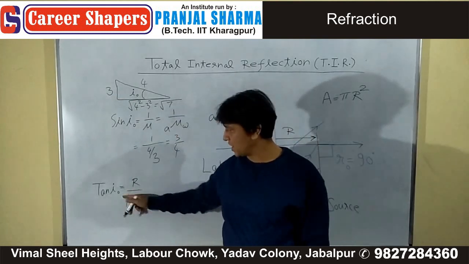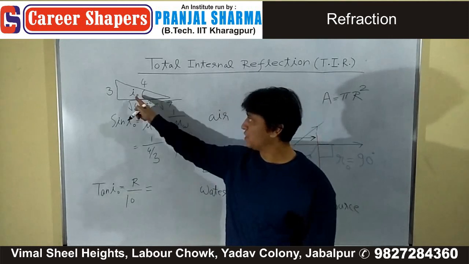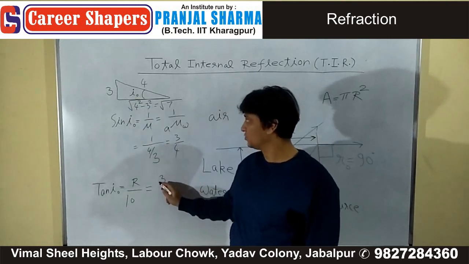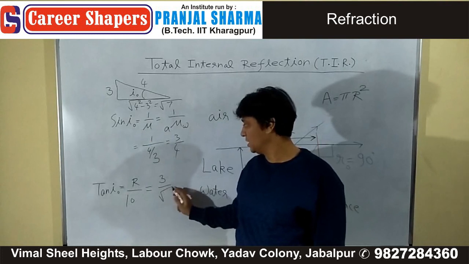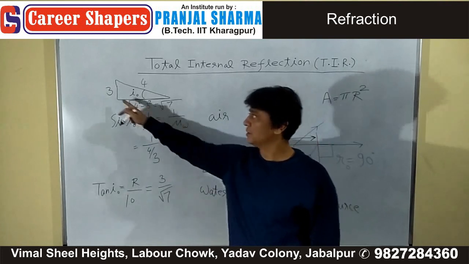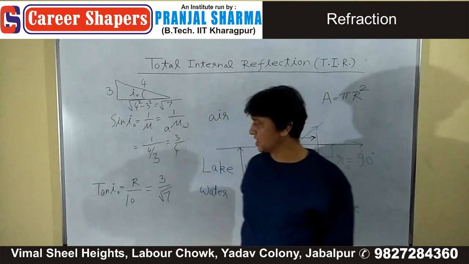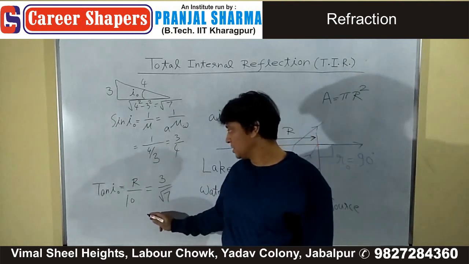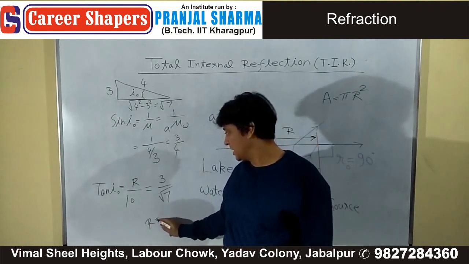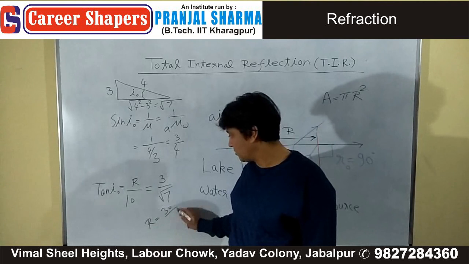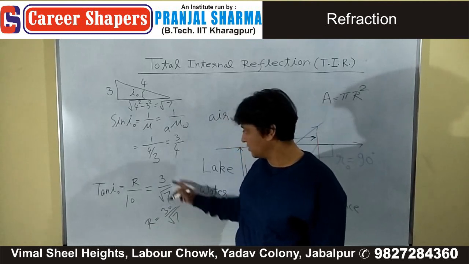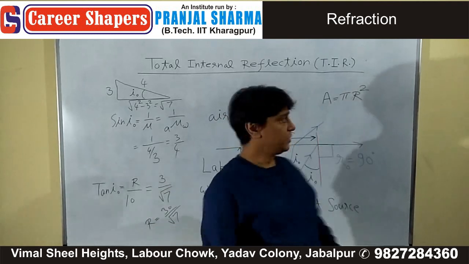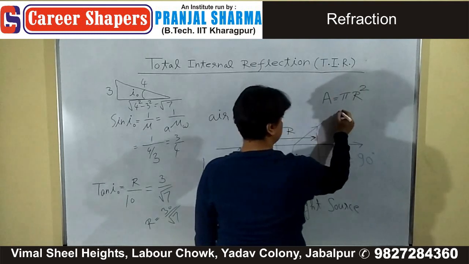Now what is tan of I naught? Tan of I naught in this triangle is what? 3 divided by root 7. That gives you r as 30 divided by root 7. We got the answer, which is pi r square.